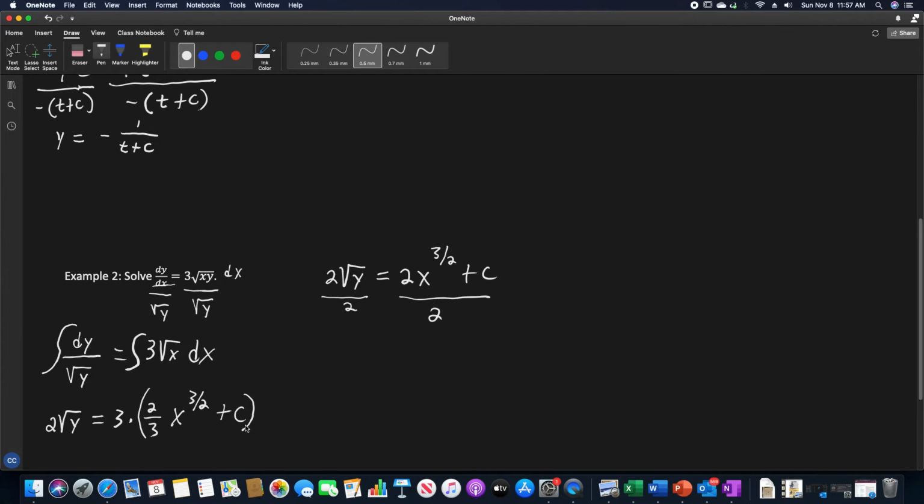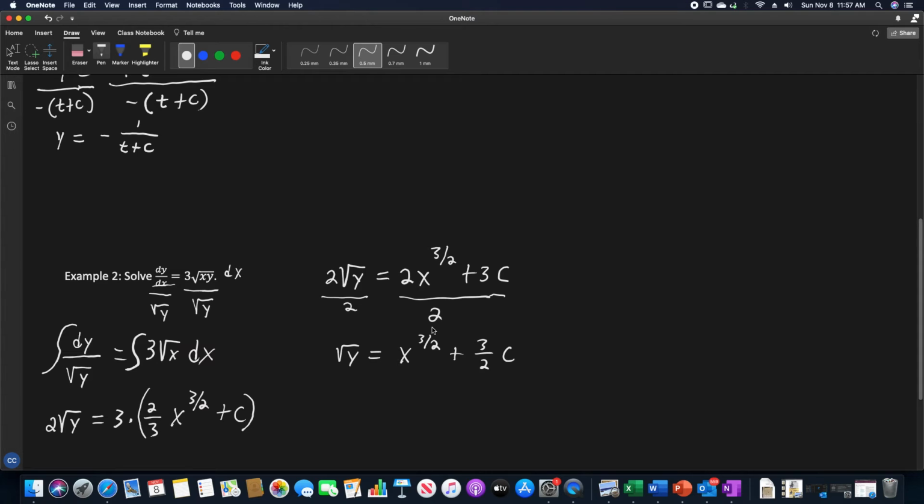But because we don't really know what c is, this would be multiplied by 3c here. And when we divide by 2, we are going to get the square root of y is equal to x to the 3/2 plus 3/2 c.